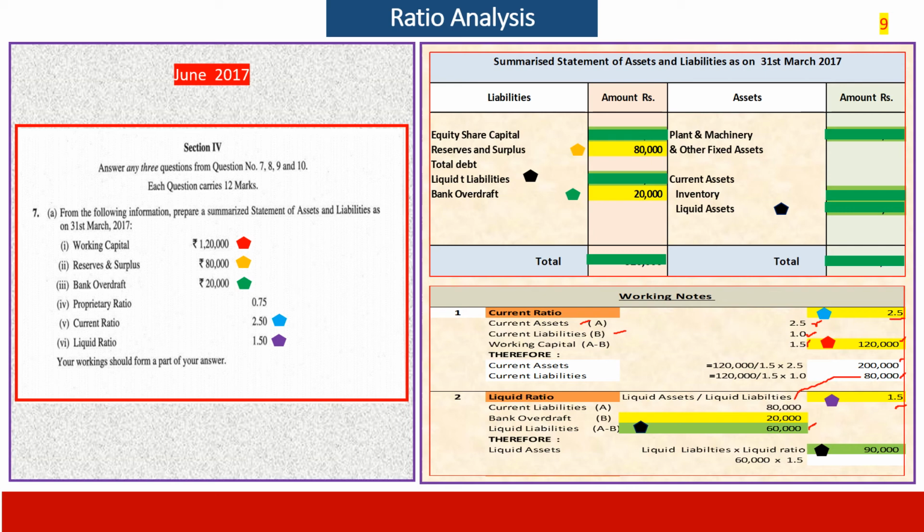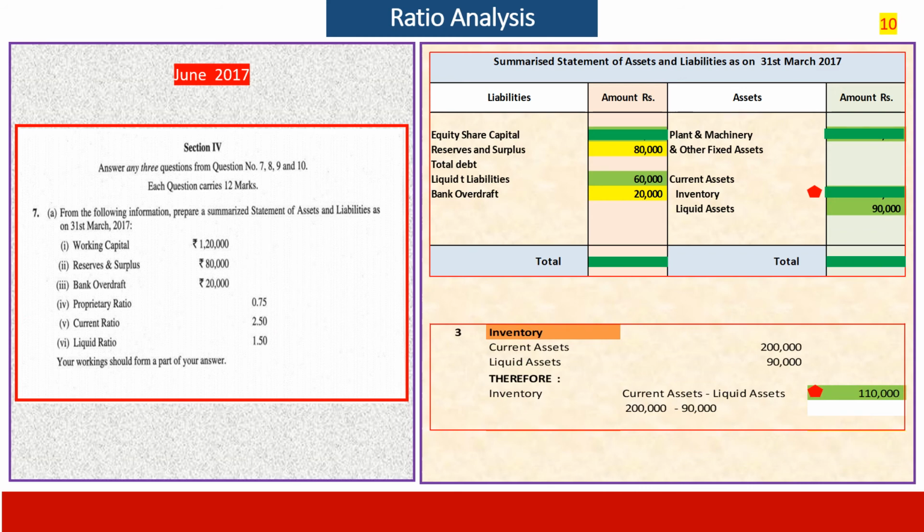If liquid liabilities is 60,000, since liquid ratio is liquid assets divided by liquid liabilities, multiply it by 1.5 and you get liquid assets. And once you get liquid assets, you get inventory also, as we have seen the other time, 60,000, and we post the liquid assets.